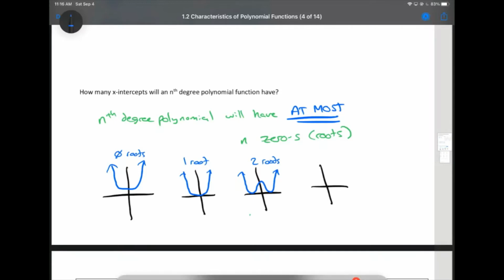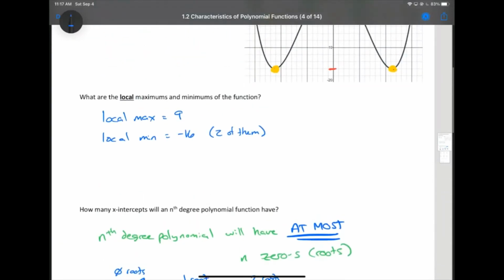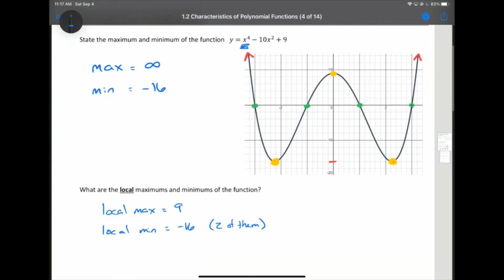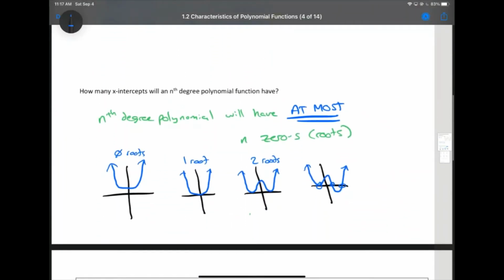This one is not symmetric, but they do exist. 1, 2, 3 roots. And then we could have 4 roots like the one that we've already seen. Sorry, 4 zeros. Roots, same thing.